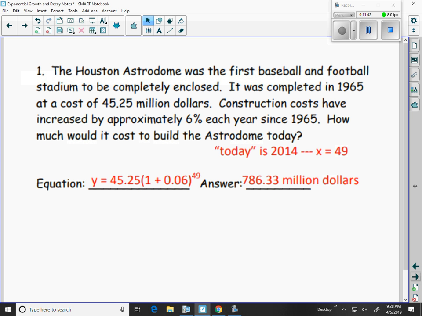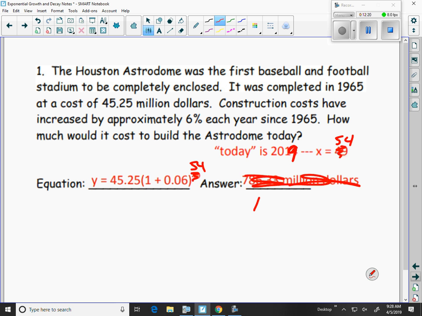This one I need to edit because it was 2019, not 2014. So that would be 50. Oh, I didn't realize you put that up there. No, I just changed it. 30. 70 would be 35. 40. Okay, so we plug in 54 here.